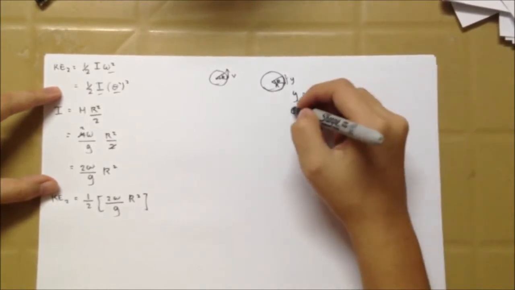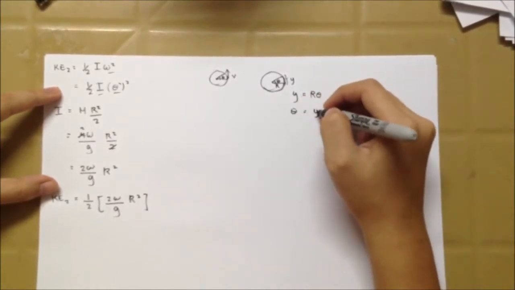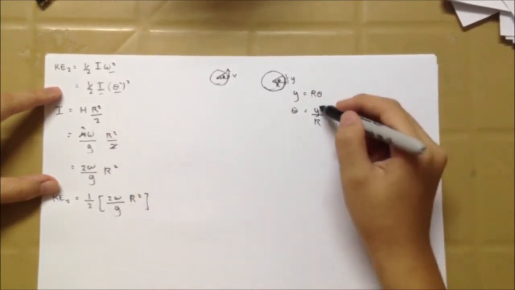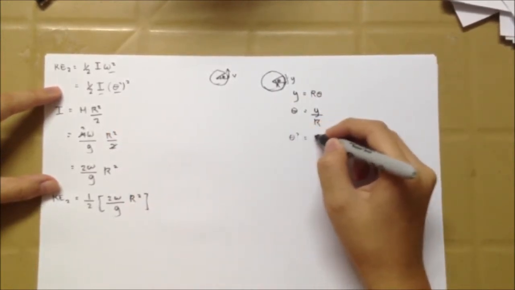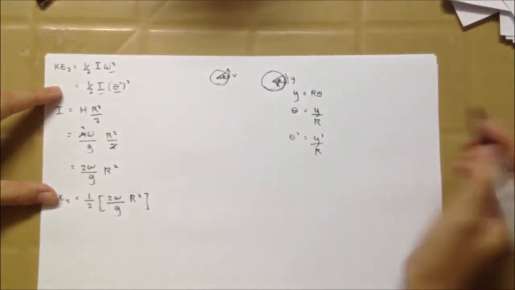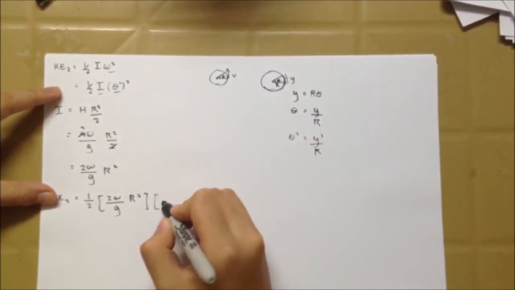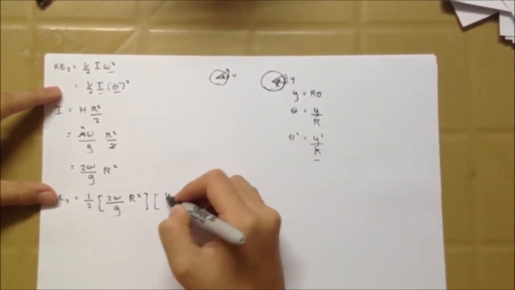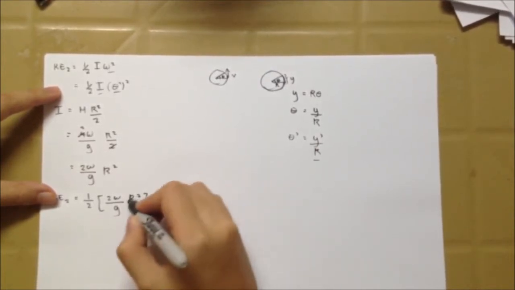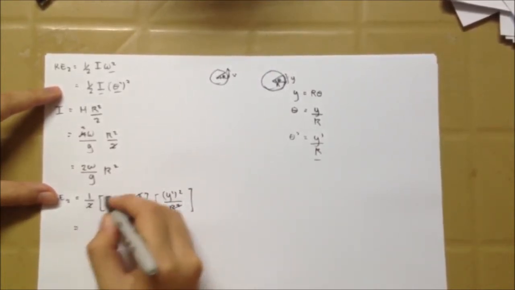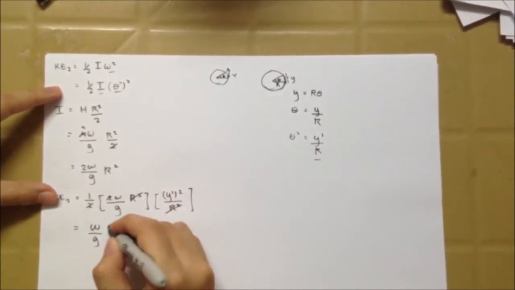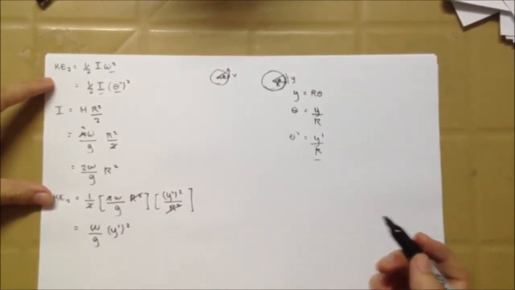So theta is given by y over r. Since this is theta prime, we're just going to use y prime, so theta prime is equal to y prime over r. Never mind the radius since it is constant. Substituting theta prime, I have y prime squared over r squared, and canceling r squared and also canceling 2, I have W over g times y prime squared. This is the kinetic energy for my bigger pulley.